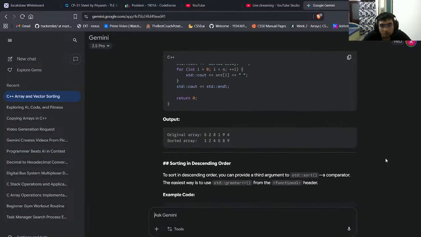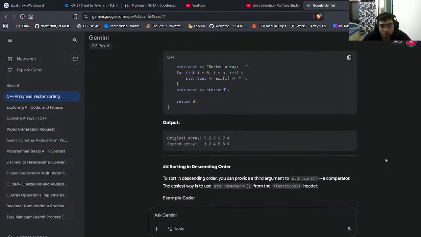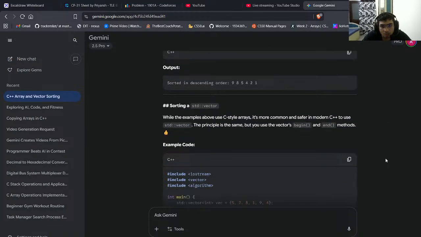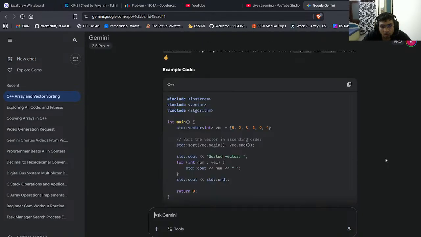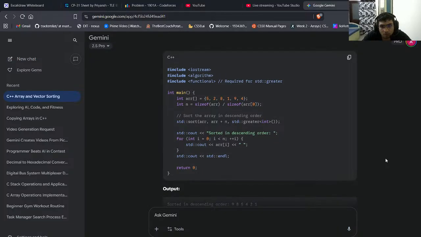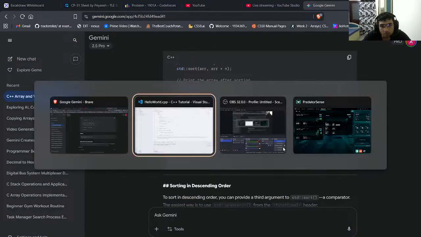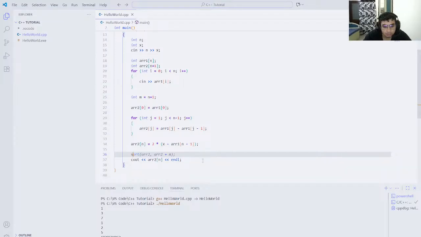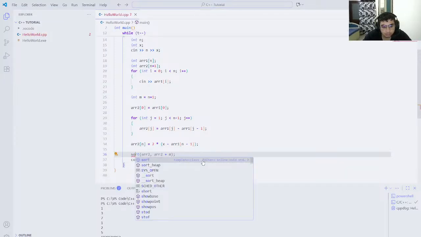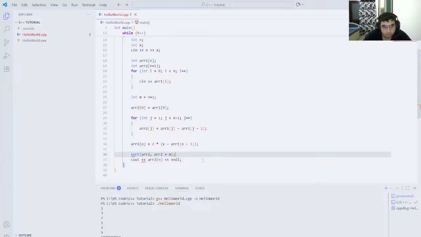Sorting in descending order. It's 5 now.